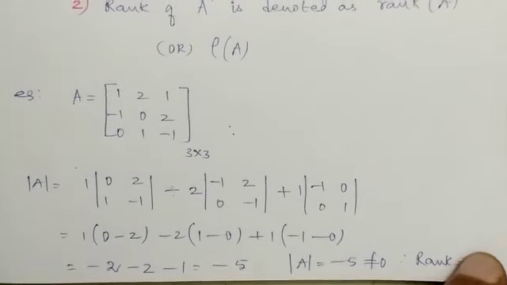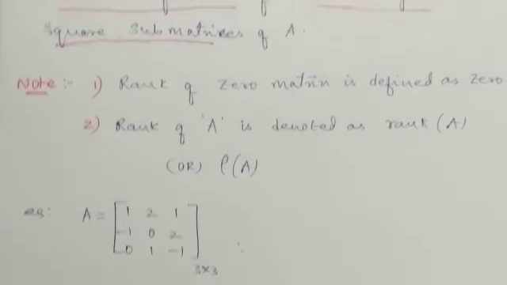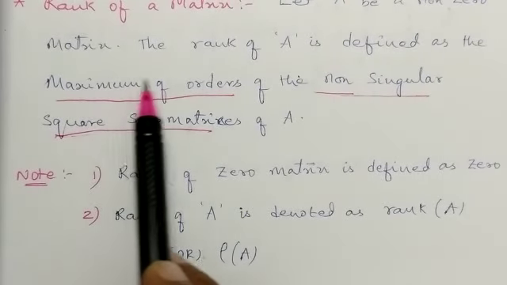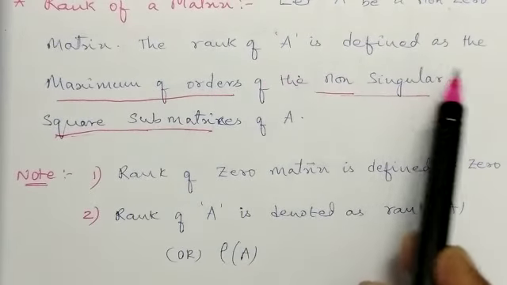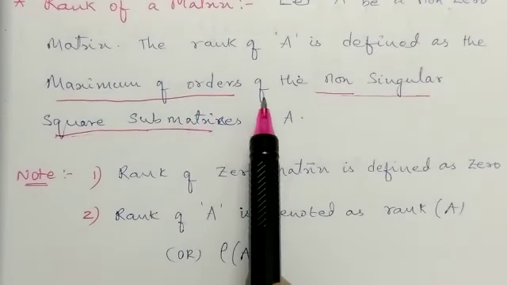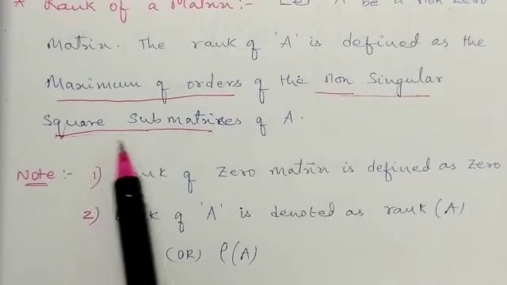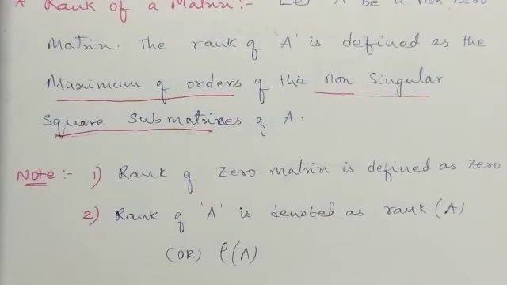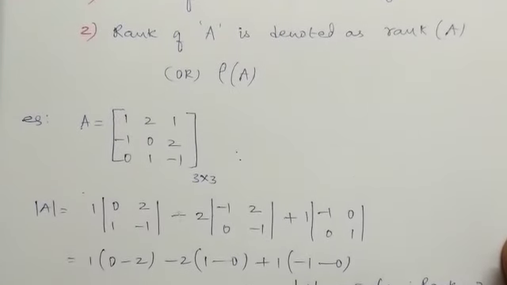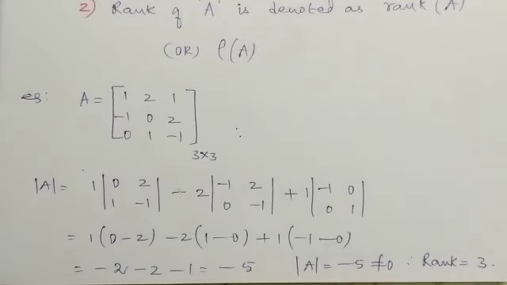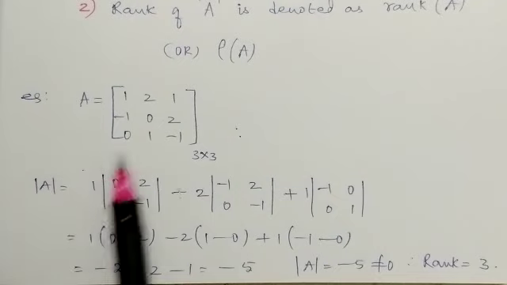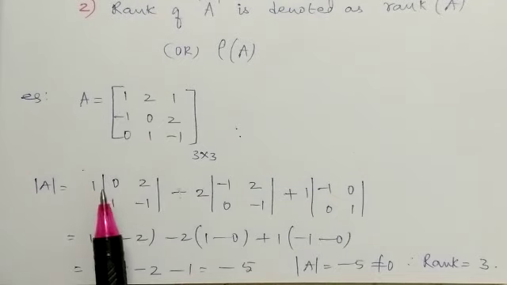In the definition, what we need, see here, rank of A is defined as maximum order of non-singular square submatrix. So non-singular means find its det. We know how to find det.